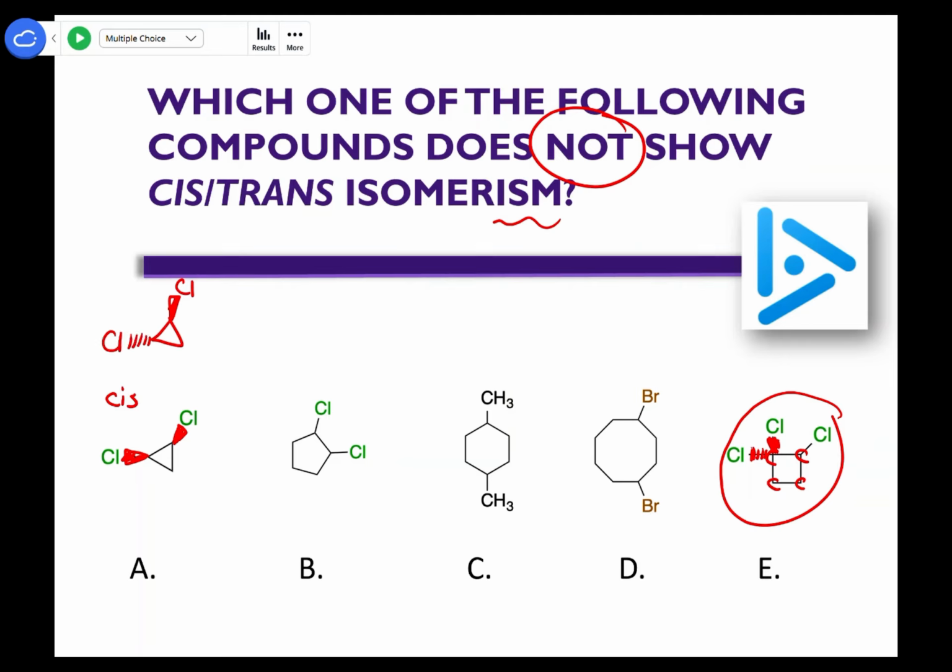If you built both of those, you're going to see that they're different molecules. You can't interconvert between them by just rotating bonds. You actually have to break a carbon-chlorine bond and form a carbon-chlorine bond. So the two that we drew there for A, those would be cis-trans isomers, a type of stereoisomer.